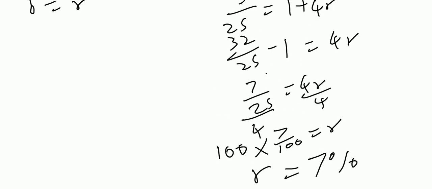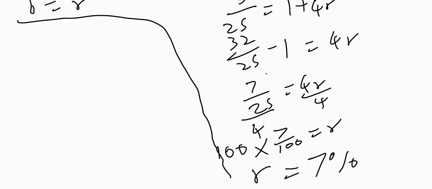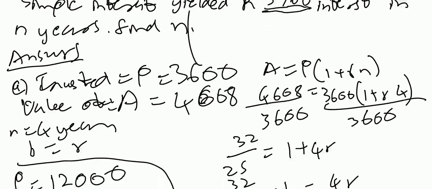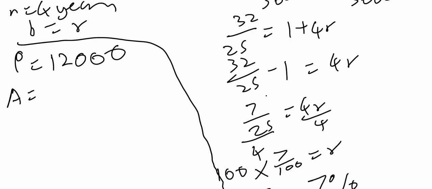So remember, in simple interest you must identify your P. They said the investment was 12,000. Your A will be what? They said your investment yielded 5,760 interest.